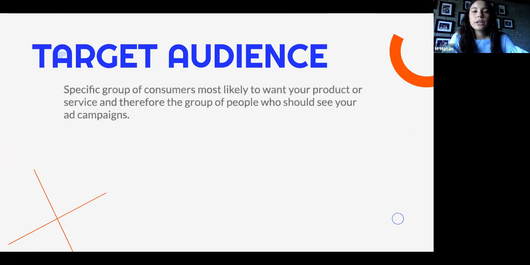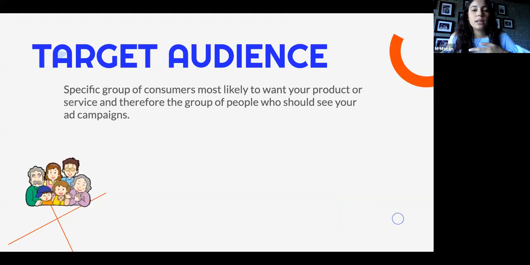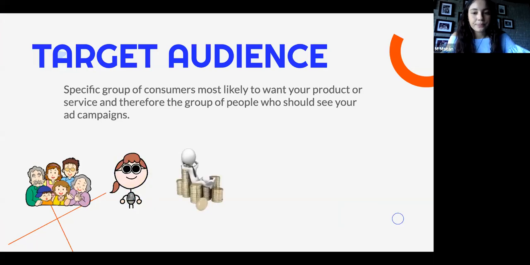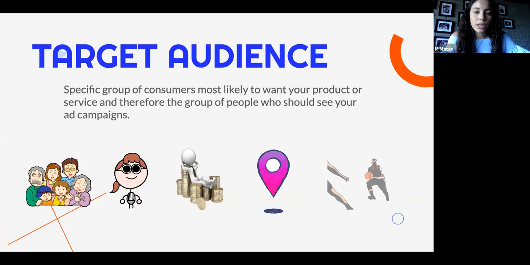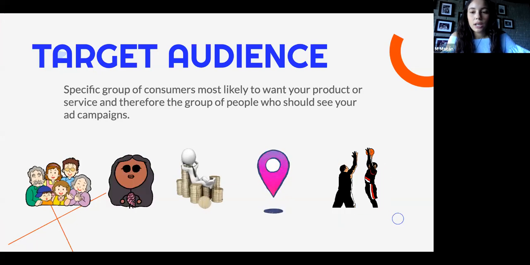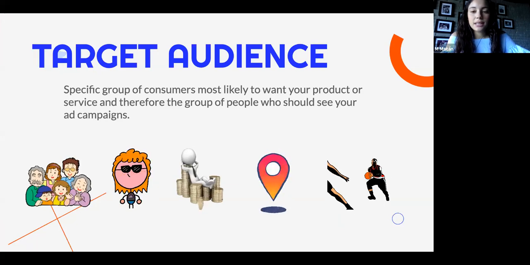So your target audience refers to the specific group of consumers most likely to want your product or service. So therefore, this group of people are the ones who should see your ad campaign. The target audience can be divided by age, by gender, income, location, interest, and a lot of other factors.